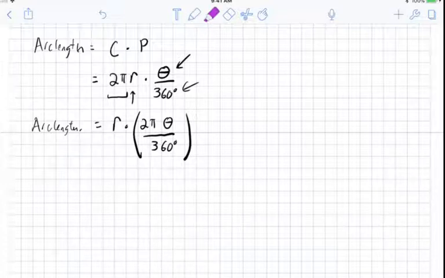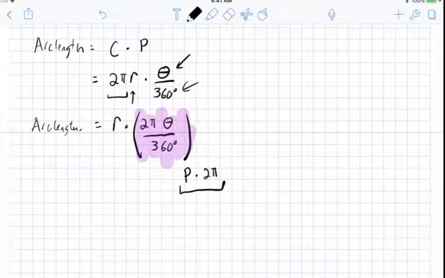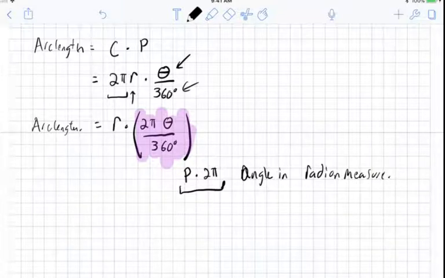The following term here is the percentage of the circle that I've gone around times 2 pi. Okay? And we call this number, it's a new number, the angle in radian measure. Okay? So you start with an angle in degrees.